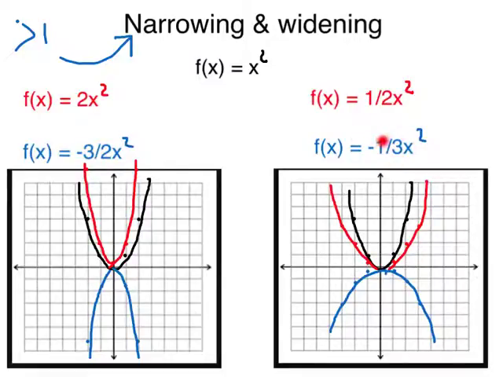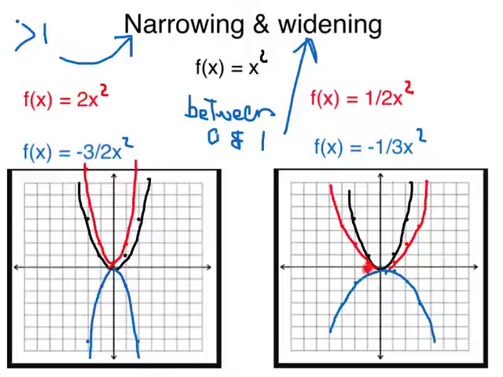The absolute value of this is smaller than 1, but it's bigger than 0. So if it's a number between 0 and 1, it widens. Okay? But either way, if the number is negative, it flips upside down into opening down.